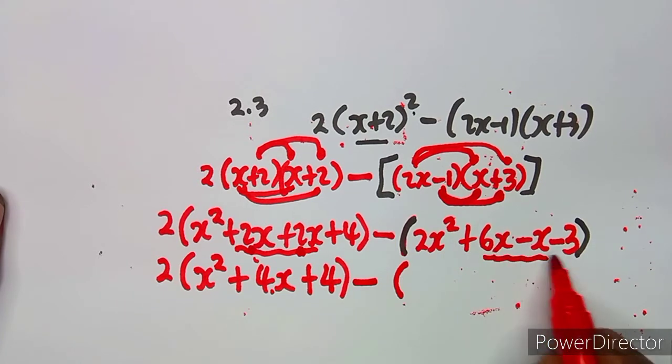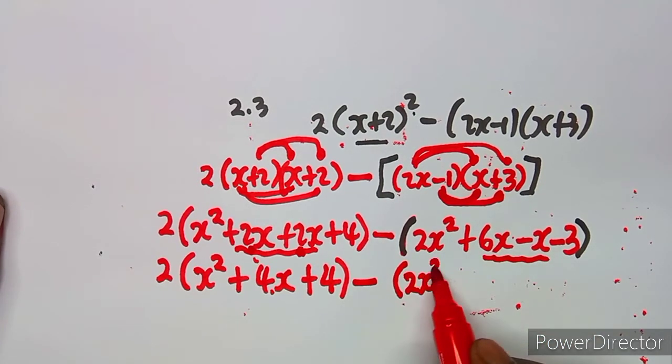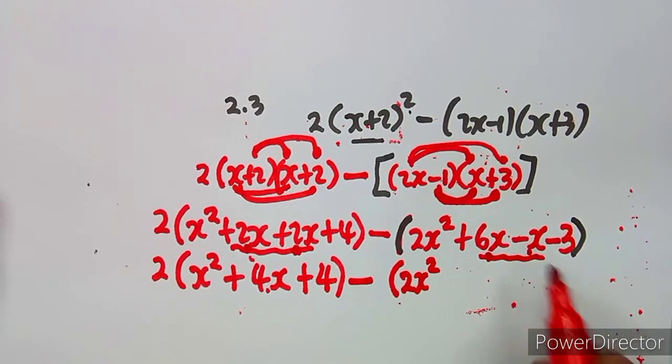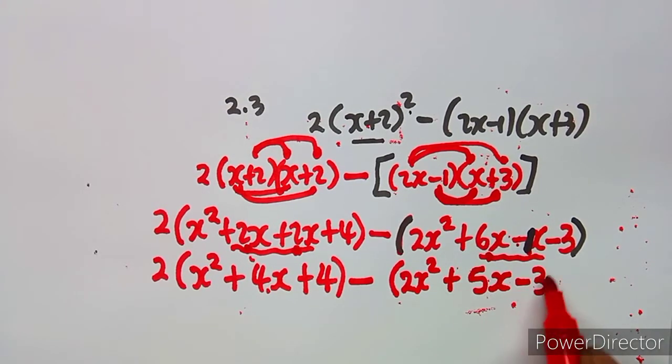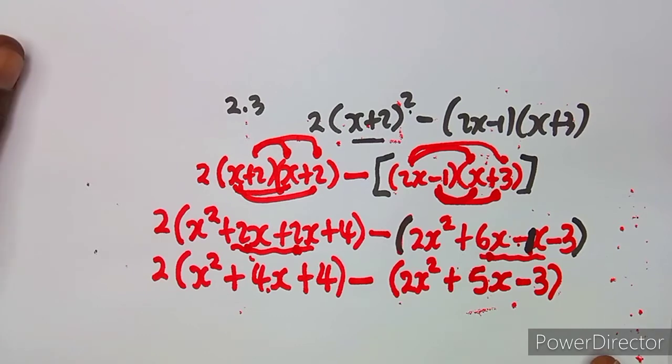So we have 2x squared, and 6x minus x. Minus x is the same as minus 1x, so it's 6 minus 1, which is 5x, minus 3, like this. All right, take note, guys, 6 minus 1 is 5, so it's going to be 5x there.